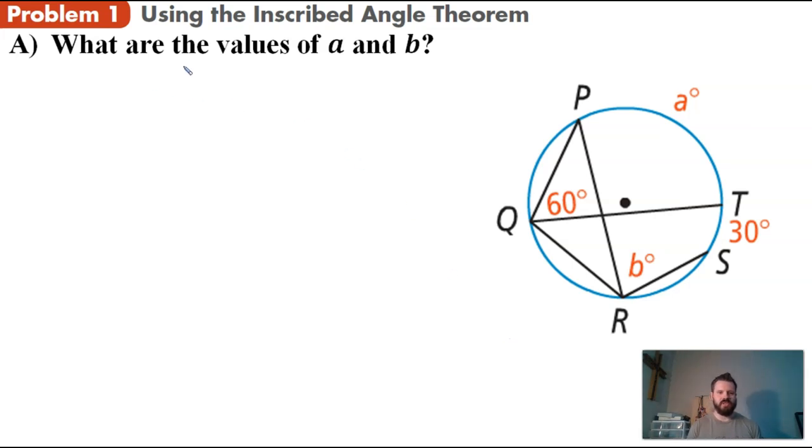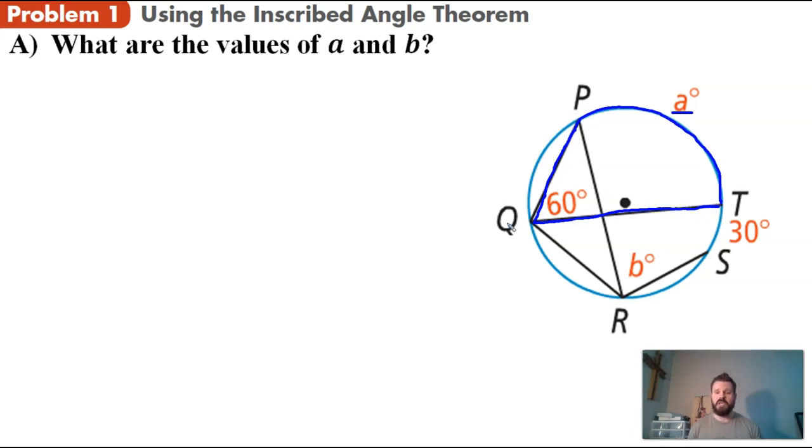Problem 1, part A says, what are the values of A and B? Notice it looks like A is an arc and B is an inscribed angle. So we're going to look at finding both arcs and angles. Let's start off with part A. What is A? A is the arc that is intercepted by, if I trace the endpoints of A back to point Q here, this angle PQT.